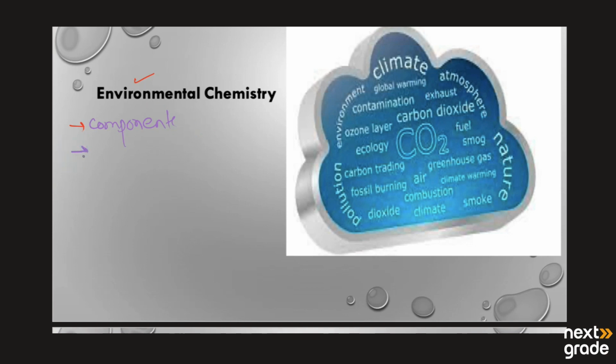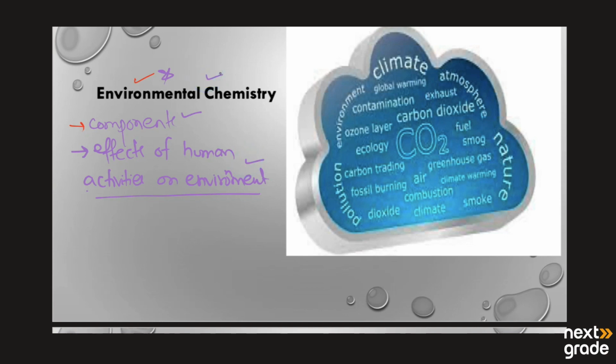In this, we will study about the effects of human activities on the environment. So basically environmental chemistry is related to our environment, that what are the main components of the environment and what are the main effects of human activities on the environment. It will be studied under environmental chemistry.